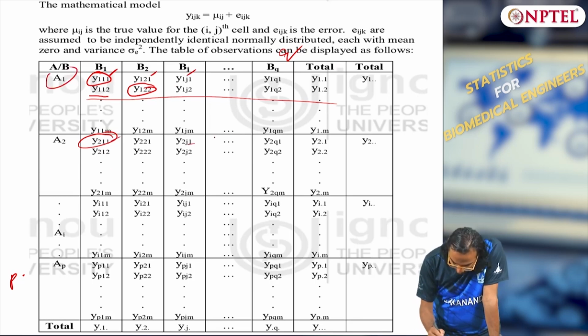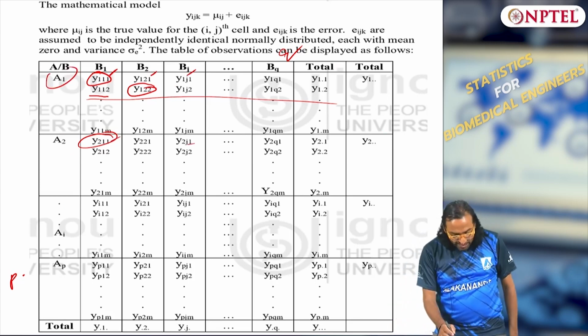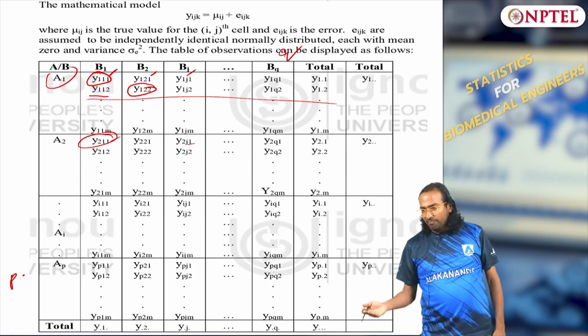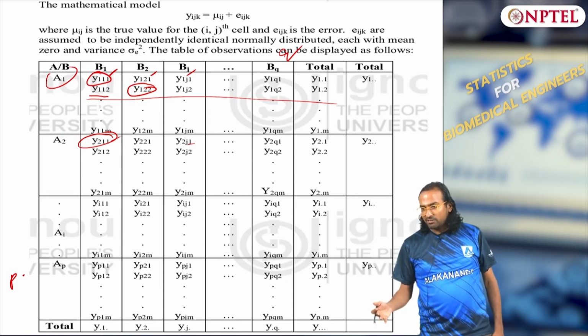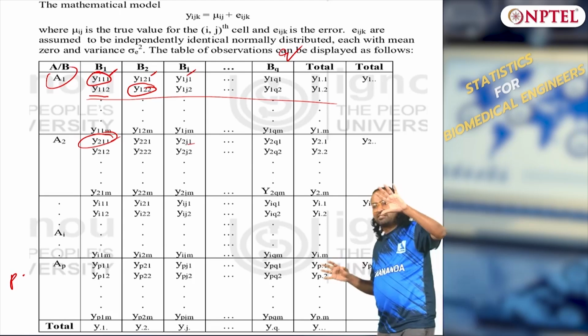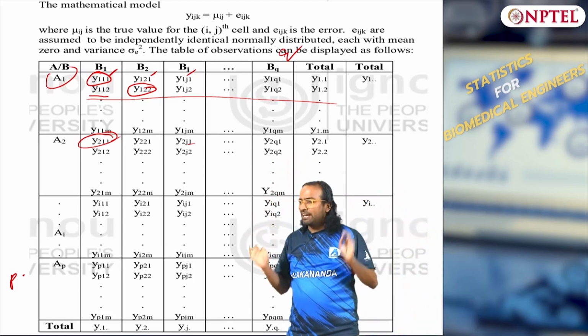For A2 again it will be row-wise replications, and A3 row-wise replications. If you go column-wise, then the B level is fixed. So if you understand the table, we have A's, B's and replication numbers as K.